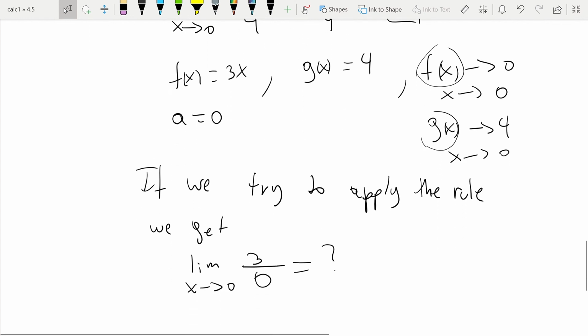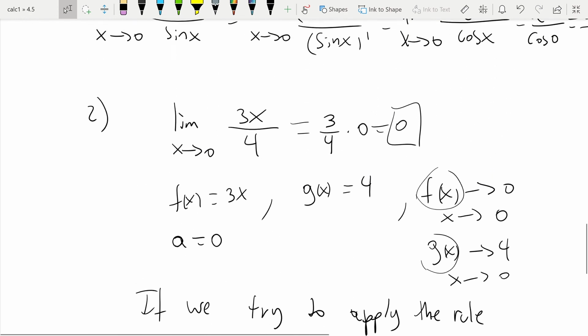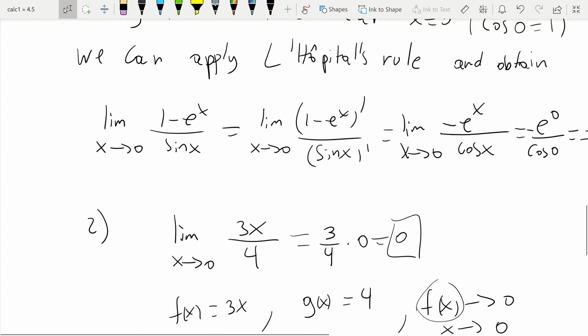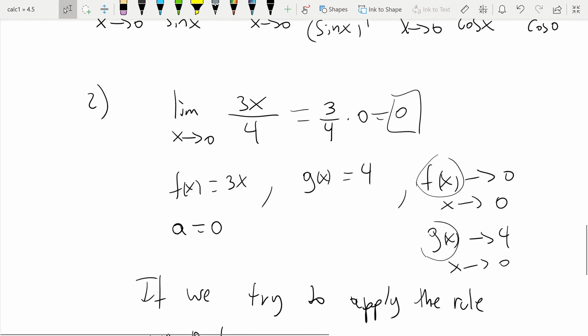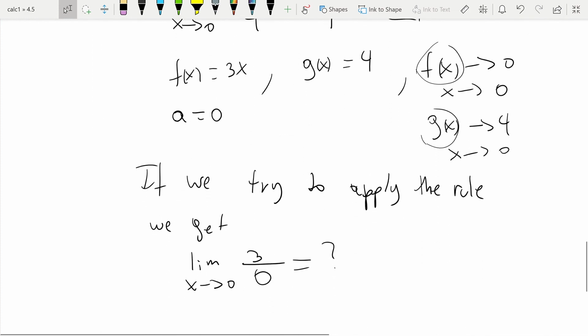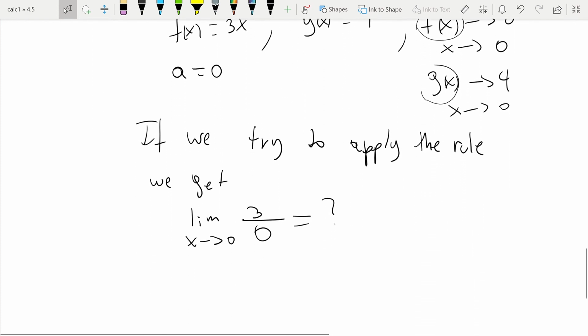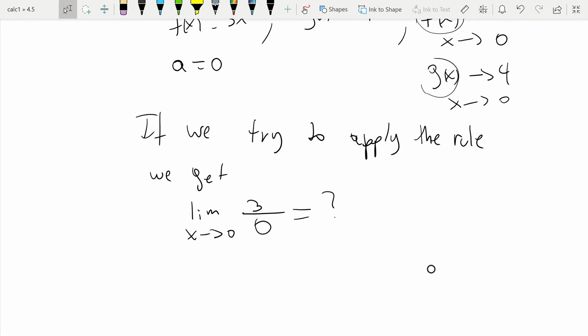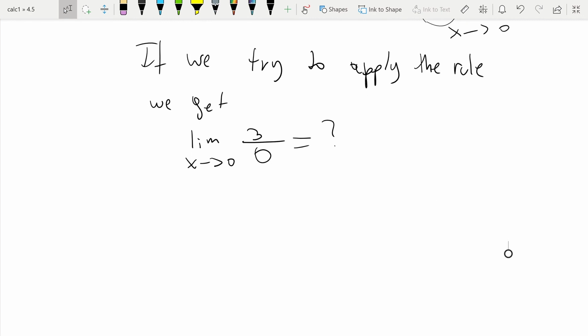So you need to check the hypotheses. That's the point I was trying to make here. Check that both numerator and denominator tend to 0 at the same time. If not, you need to apply something else. Or, the other situation, as I told you before, is when both numerator and denominator diverge, going to plus or minus infinity at the same time. See you in the next video.